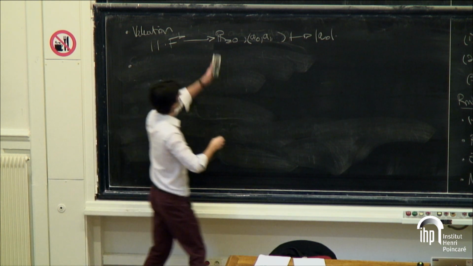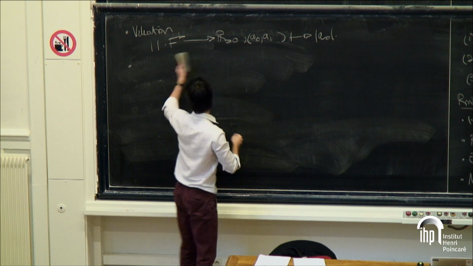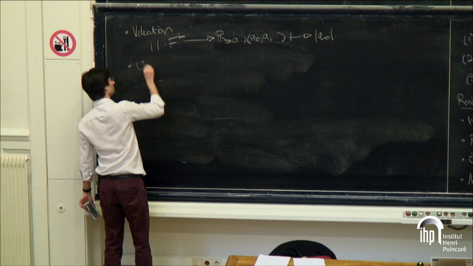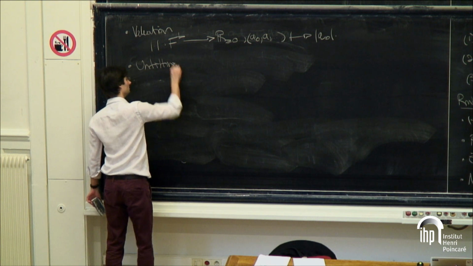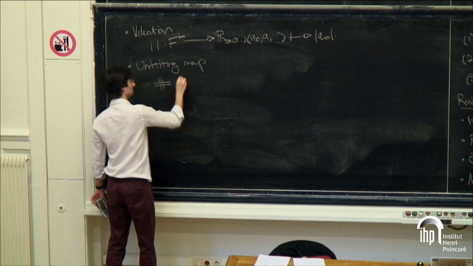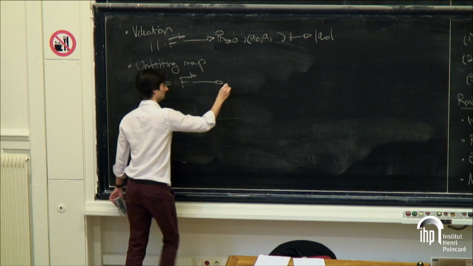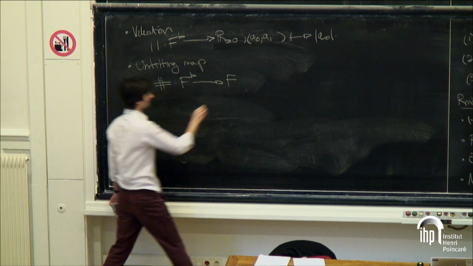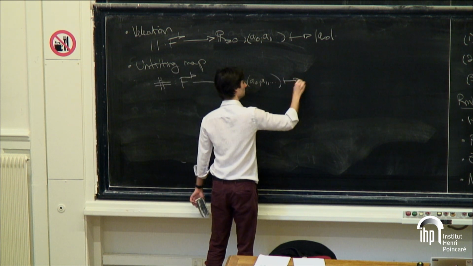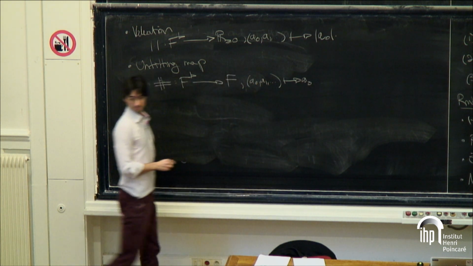And more generally, one observes that this map is in fact factoring through F, and this is what we call the untilting map, sharp, that takes me from F tilde back to F by sending some sequence to its 0th term.